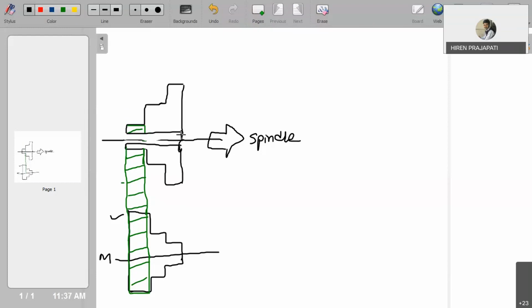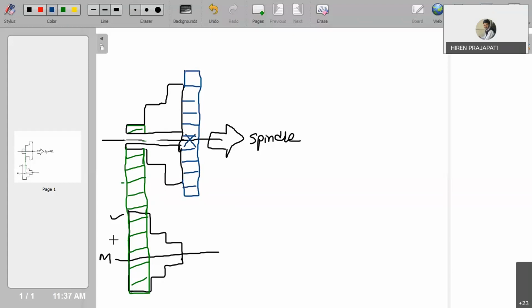And we have one gear on this spindle shaft, this gear is fixed or key joint on spindle, right?